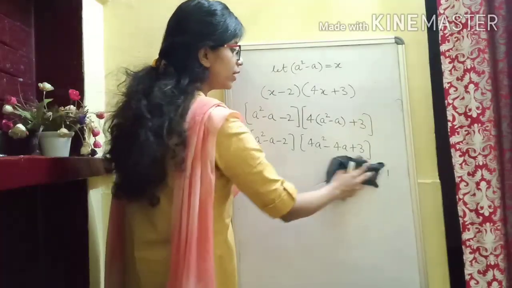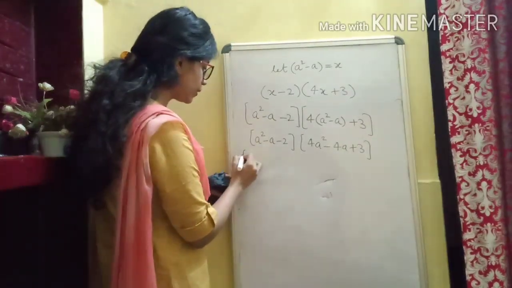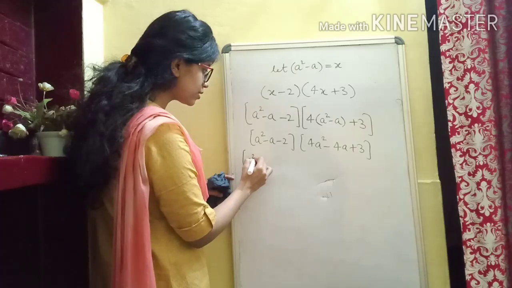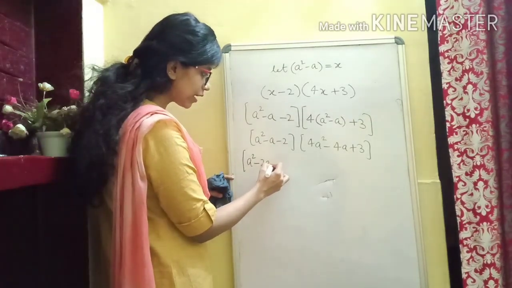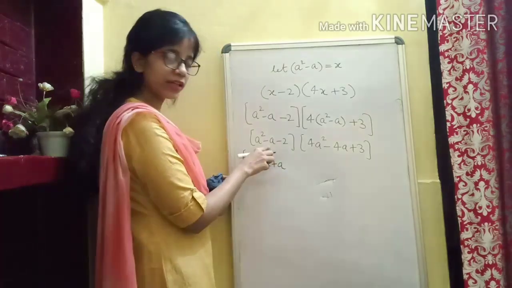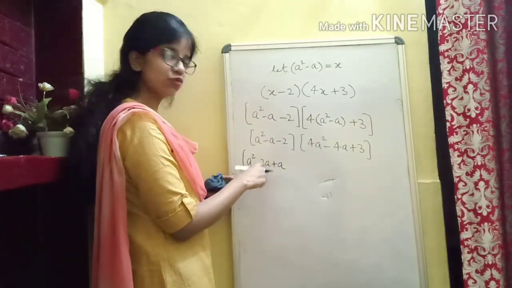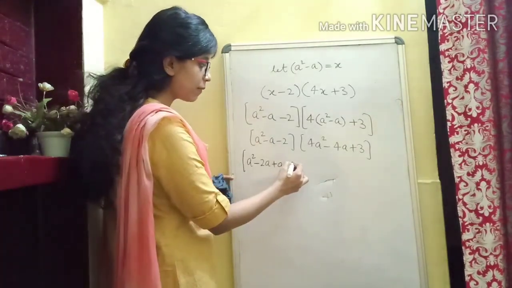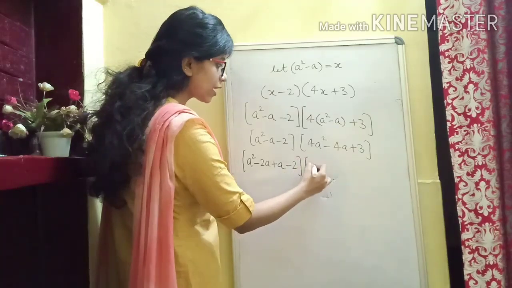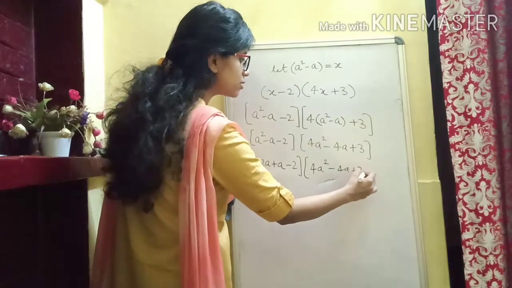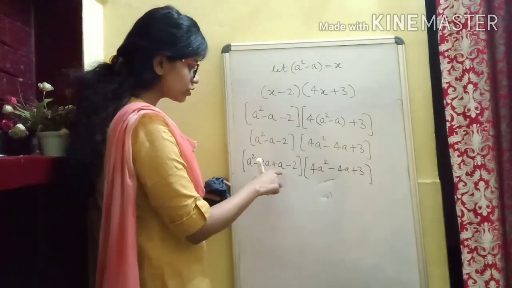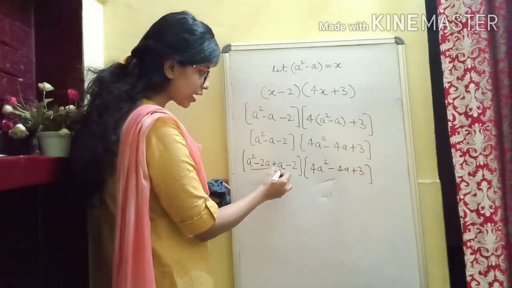So let me write. Here you see this a square as it is. Minus a, can we write it as minus 2a plus a? It will give you minus a, because minus 2a and plus a will give you minus a. Minus 2 as it is, and 4a square minus 4a plus 3, isn't it? Now again in this bracket we have 4 terms.